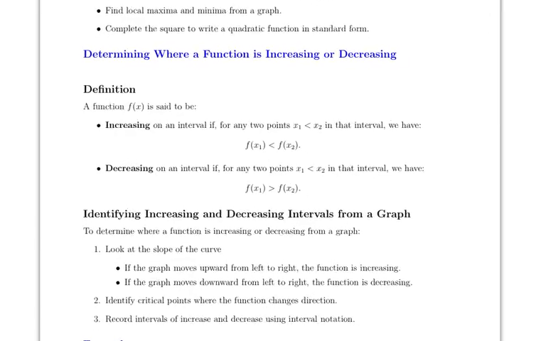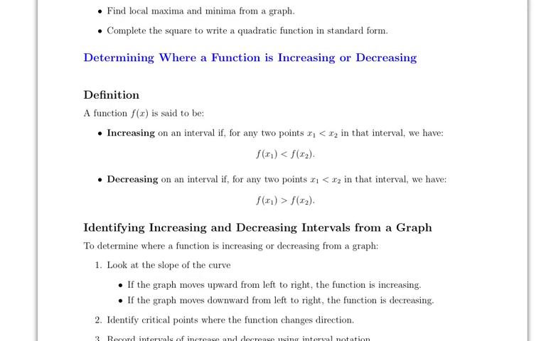It's a lot easier to do just from the graph. But the definition is the following. A function is increasing if f of x1 is less than f of x2. That actually looks pretty theoretical, but it's pretty simple. Look, if you have the x and y axis, and clearly x1 is less than x2 here in the graph.